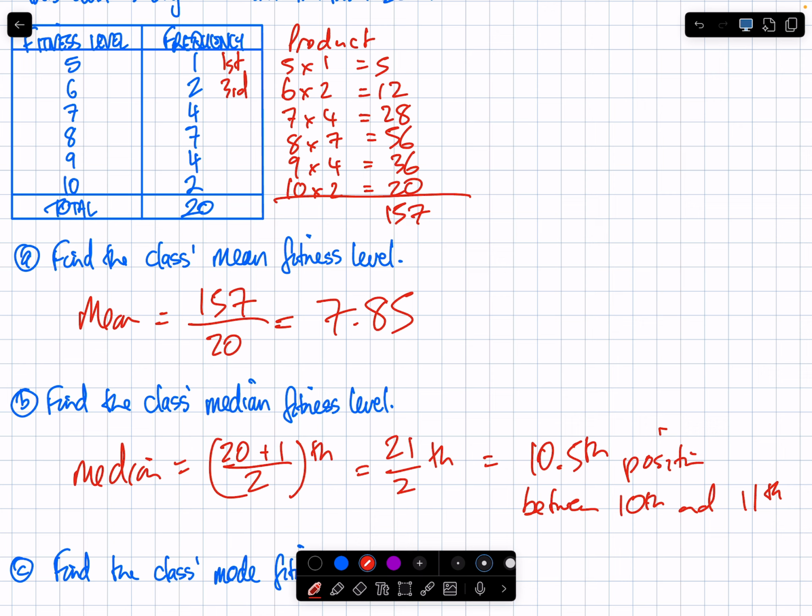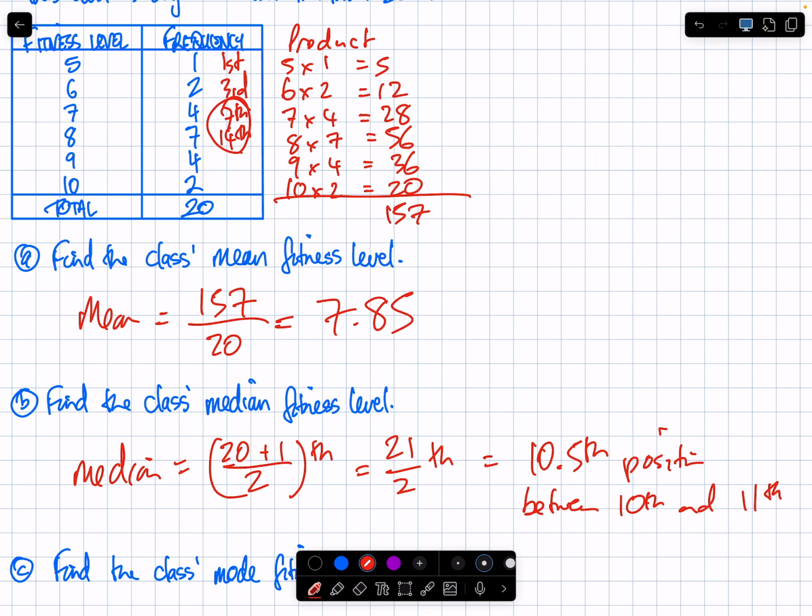How many 6s are there according to the table? 2. So my second number is going to be 6. My third number is also going to be 6. What position am I going to get up to with these 4 7s? Third, fourth, fifth, sixth, 7th position. Then with the 8s, 8th, 9th, 10th, 11th, 12th, 13th, 14th position is to the end there.